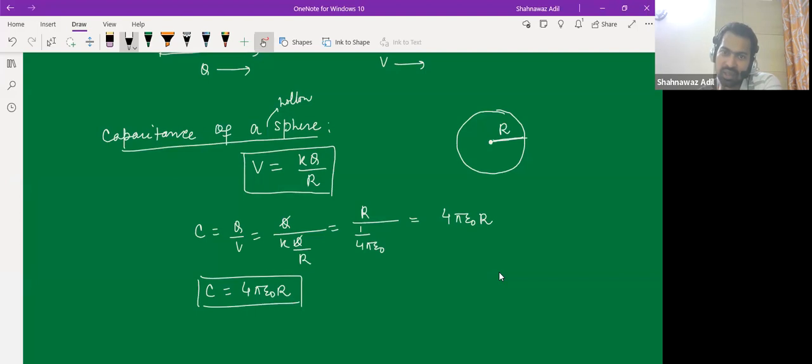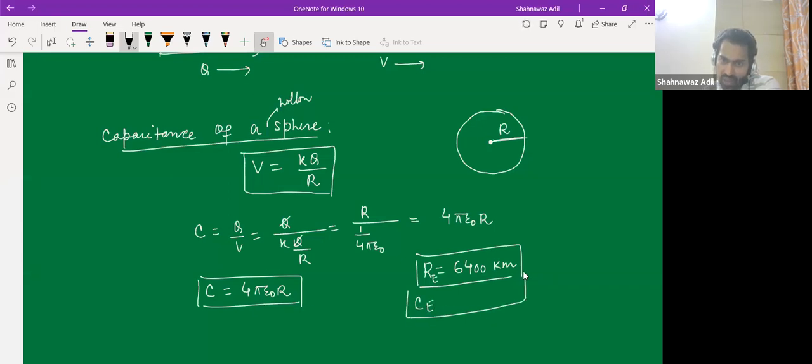You can calculate the capacitance of the earth. Take it as your home exercise. Calculate the capacitance of earth; you already know the radius of the earth. This is the radius of the earth. Then you can calculate the capacitance of earth.